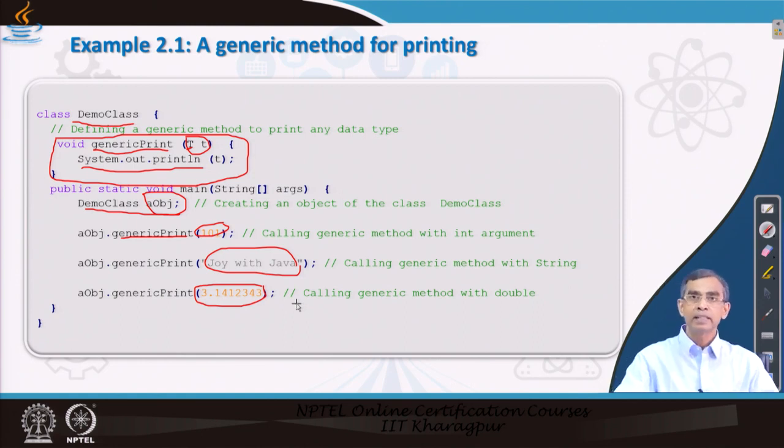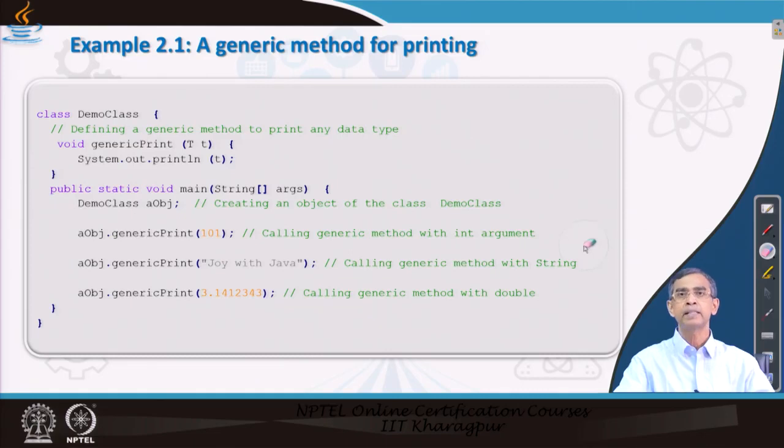As you can notice, I declared only one instance of the method with this template declaration, called the generic declaration, and then the method can be called for any type of data, and therefore it will work for you. So, this is a very simple example which explains how a generic method can be declared.